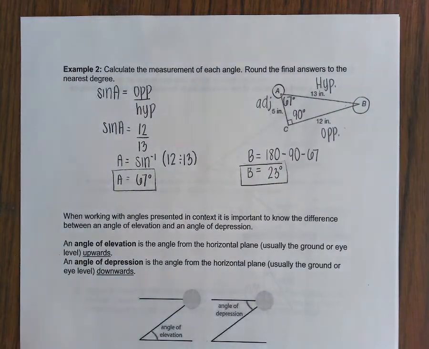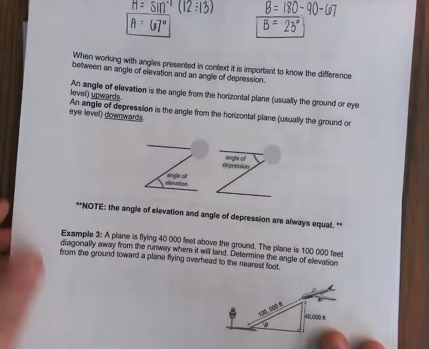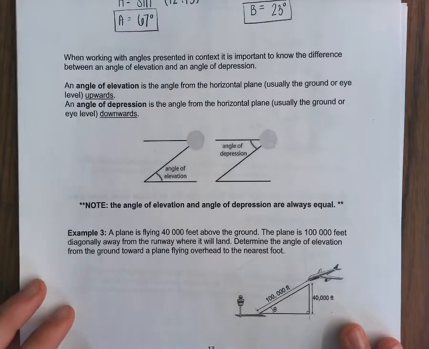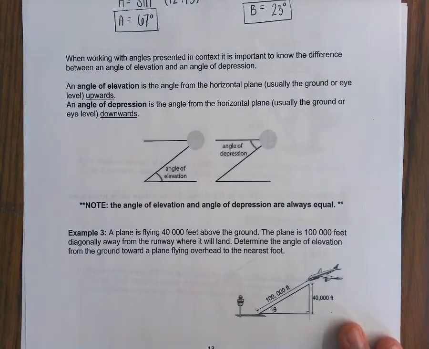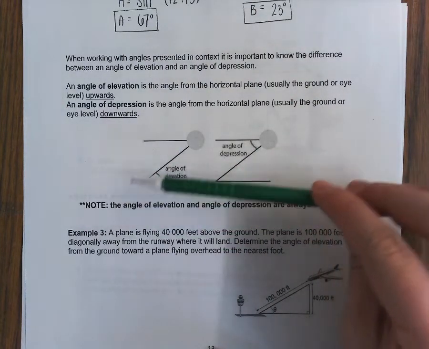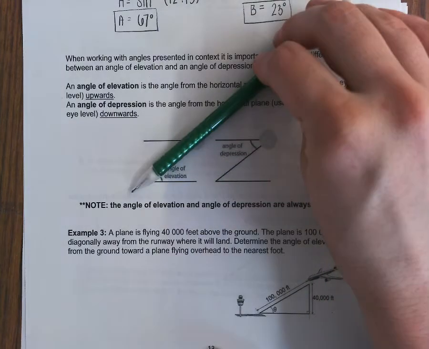Now, there's also a little bit of vocabulary that you need to know when working with triangles, and these are the terms angle of elevation and angle of depression. An angle of elevation is an angle that's formed when you're going from the horizontal upwards.